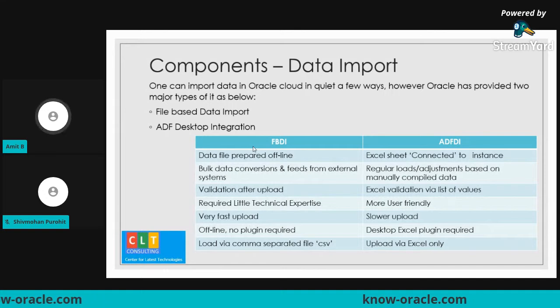It is not online. It is not connected to the system. The advantage of FBDI is you can have bulk data conversions. As you are not connected to the instance live, you can have bulk data, you can take your own time, and you can have that data from external systems as well.